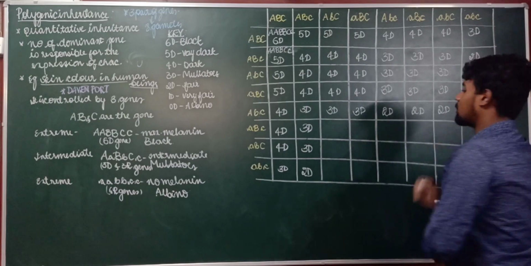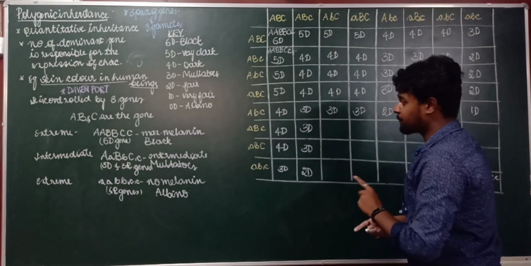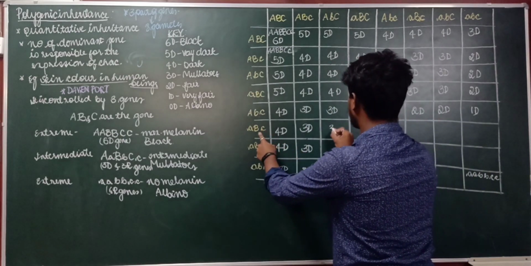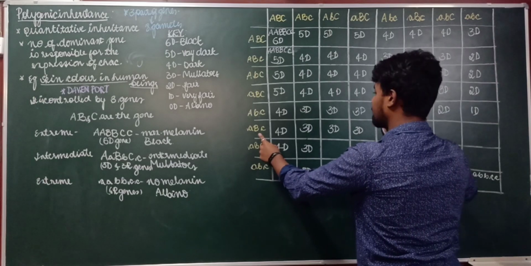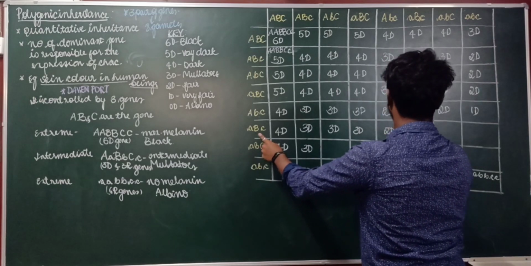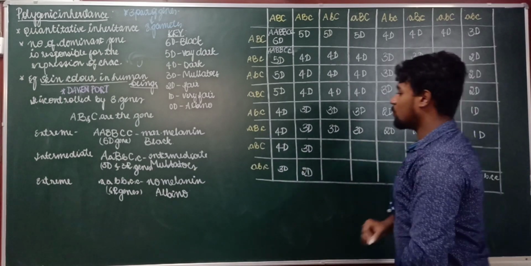And 1 dominant gene, because here is no recessive dominant allele, here is only 1. Here 1 plus 2, 3 dominant, 3 dominant again, 1 plus 1, 2 dominant, 2 dominant, 2 dominant, and here it is only 1 dominant.